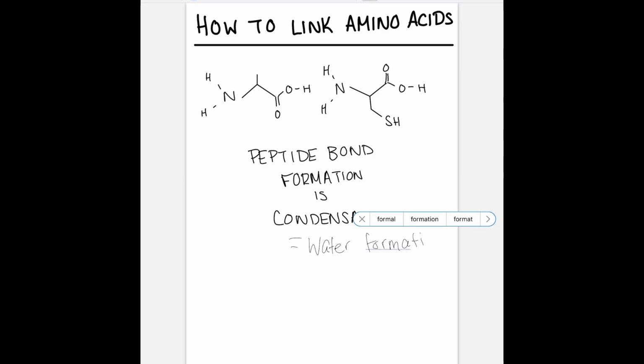You can also call this a hydrolysis reaction. So we need to form water to link these amino acids together. So what is water? Water is simply H2O. So the easiest way to think about this is we need to go in.